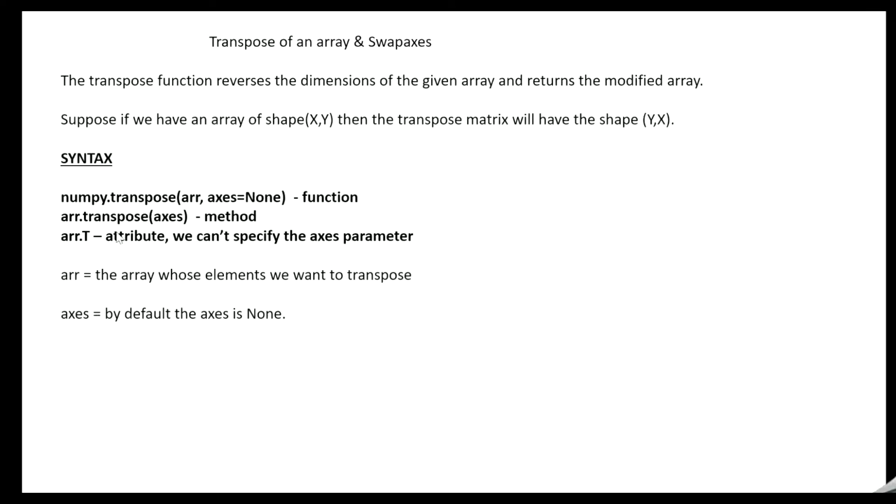For the method, we have to specify the array whose elements we want to transpose, dot transpose, and the parameter we need to pass is the axis. And for the attribute, we have to give array dot T. T means transpose of an array. So here arr stands for the array whose elements we want to transpose, and axis by default is none.